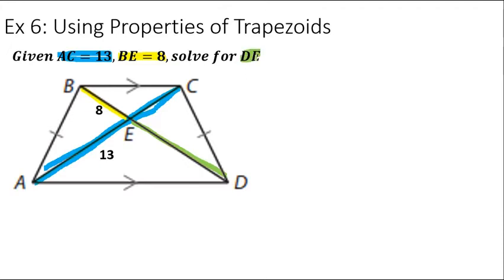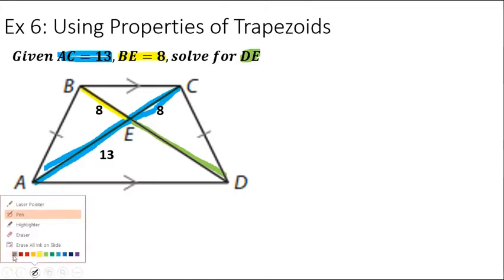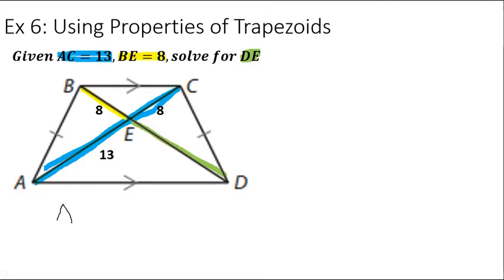Okay. So one thing about the trapezoid is that these two segments are congruent. So that's 8. So we're going to say this here. Write this down. So we're going to say that AC is congruent to BD.